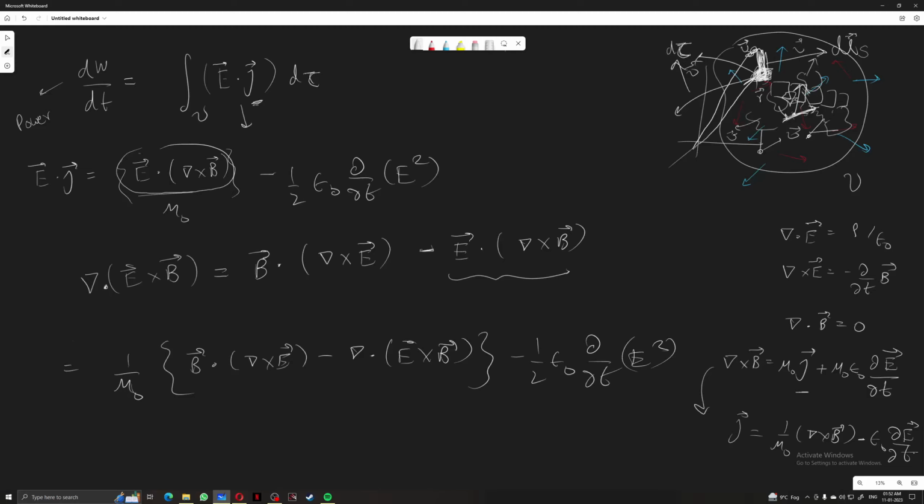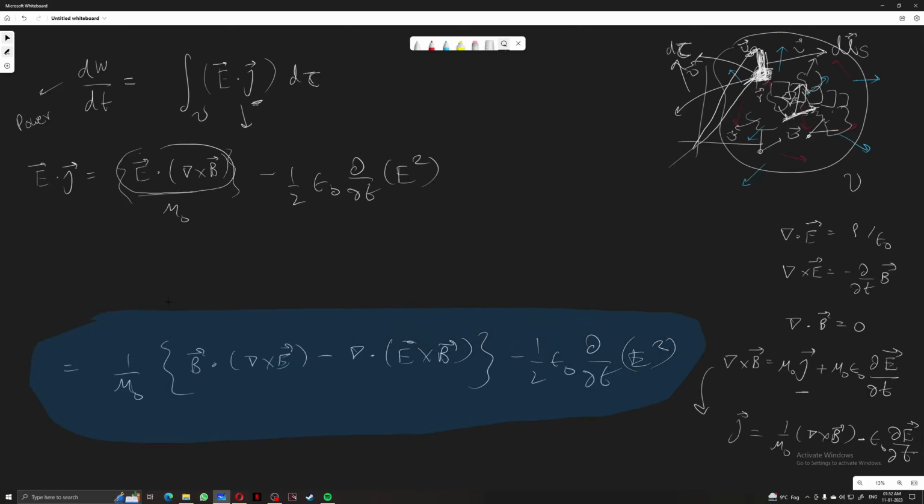So this is the next step of simplification. Now what can we do next? Now I use again the content of the Maxwell equations to remove these curls of E and B.